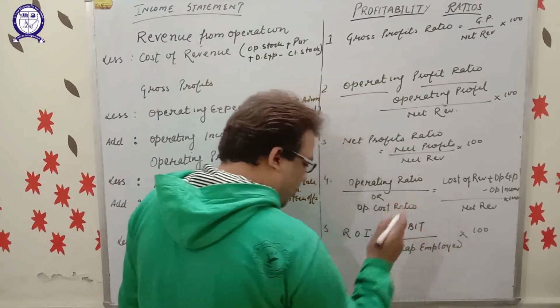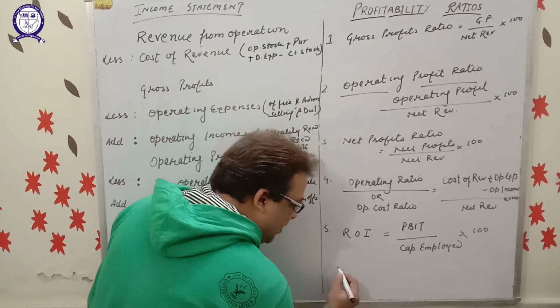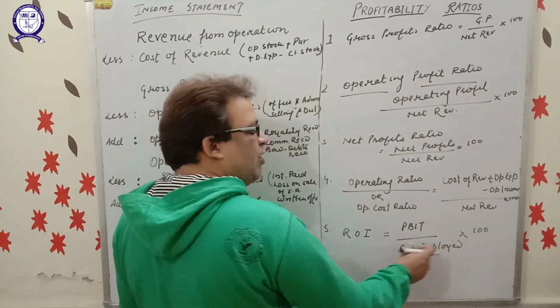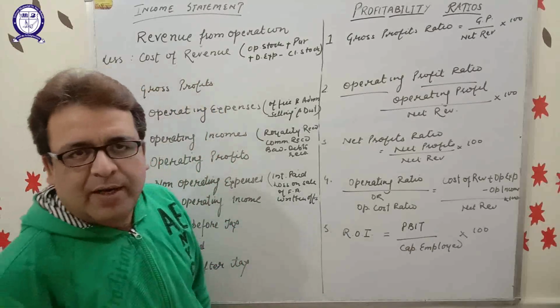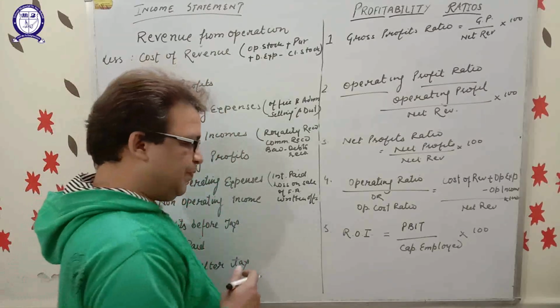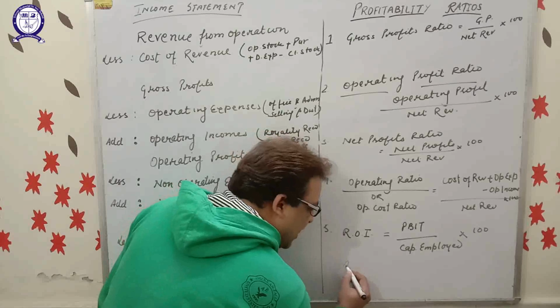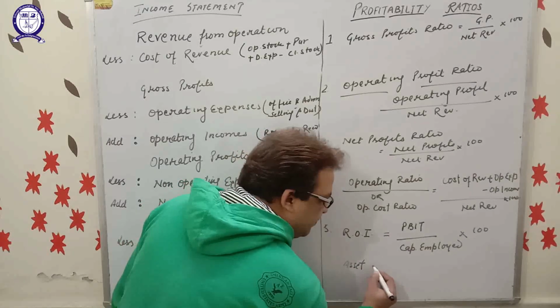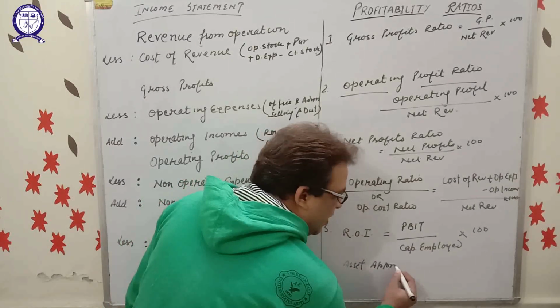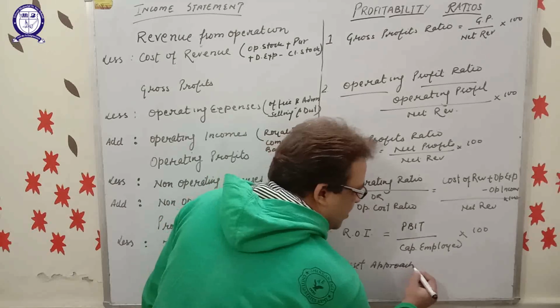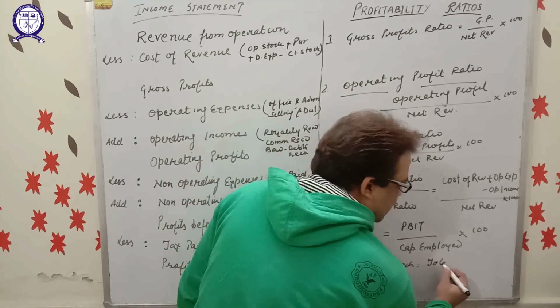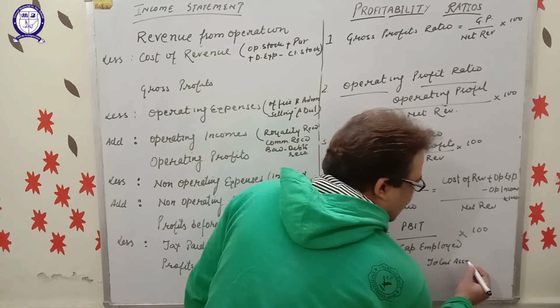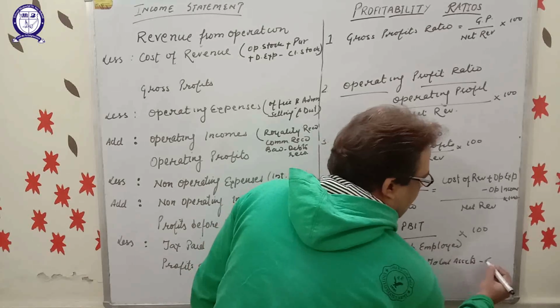Divide by capital employed. How to calculate capital employed? There are two approaches. Number one, assets approach. If we are using the asset approach, the formula is total assets minus current liabilities.